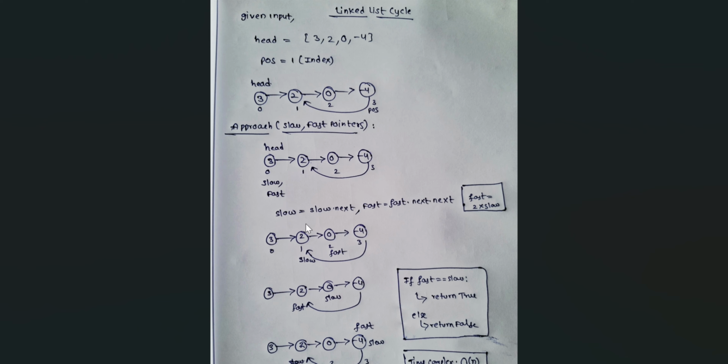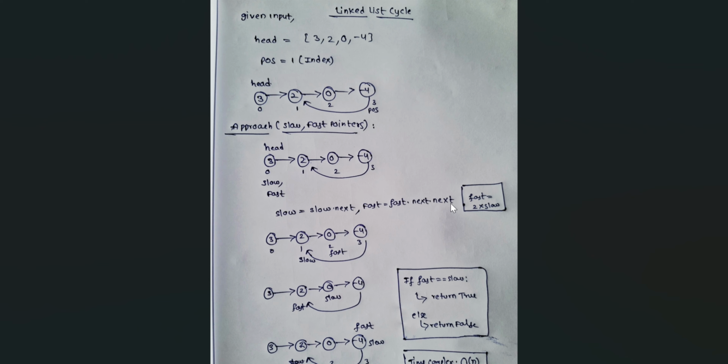Let us take the first example, 3, 2, 0, minus 4 as the linked list nodes, and I have applied a dry run for this approach, moving slow one pointer and fast two times the slow.